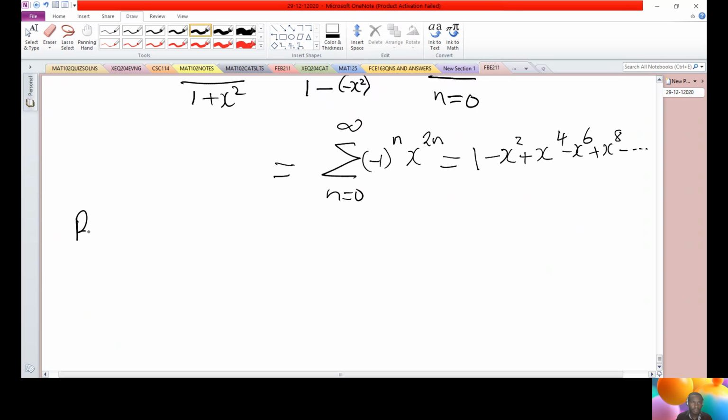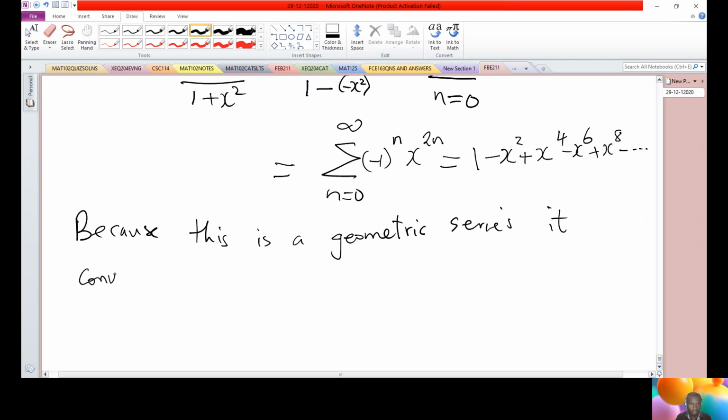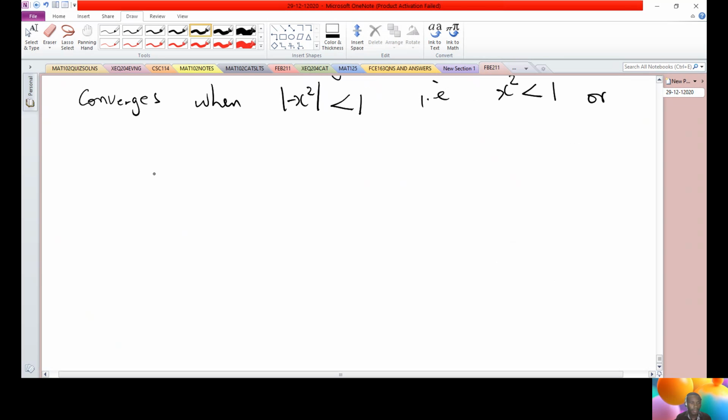Now, because this is a geometric series, it converges when the absolute value of minus x squared is less than 1, i.e. x squared is less than 1.